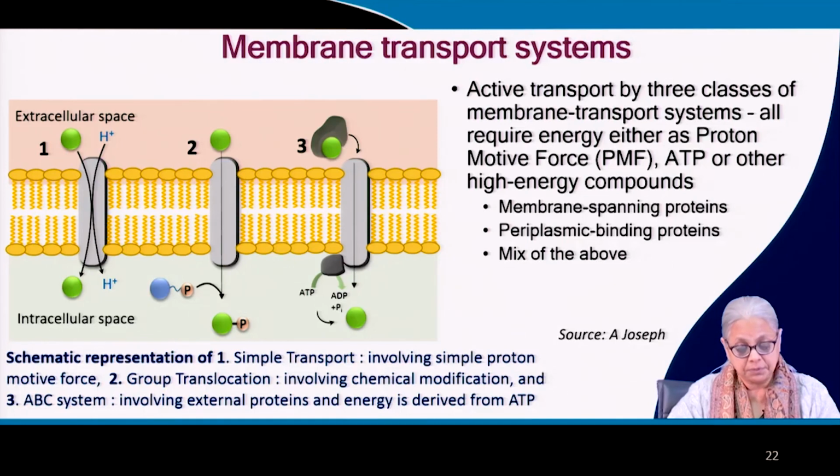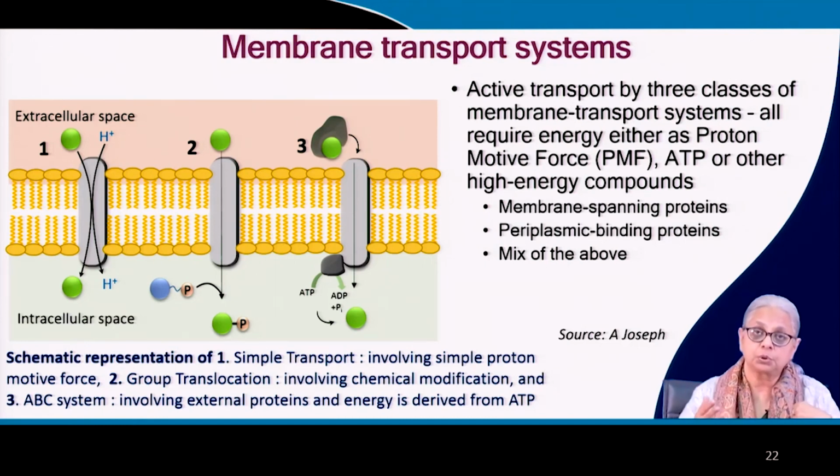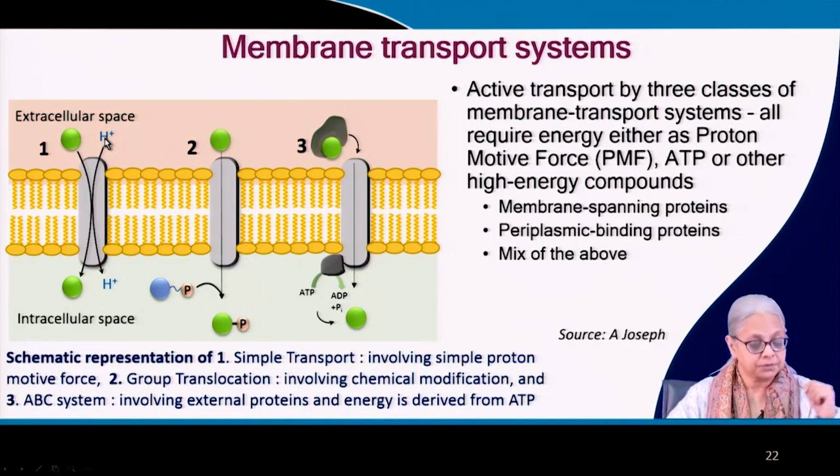So the first one is simple transport, which involves simple proton motive force. Here you have a compound that has to be brought into the cell, and we already have the proton motive force in place. So simple transport is defined here as a proton being brought in along with the substrate.